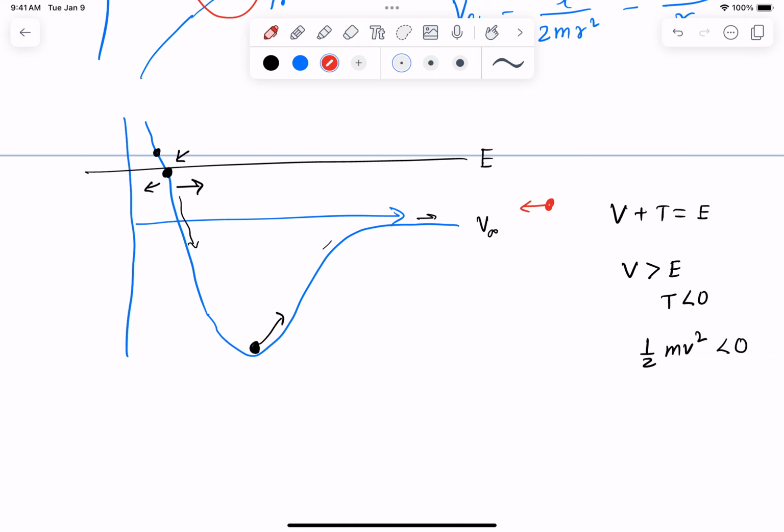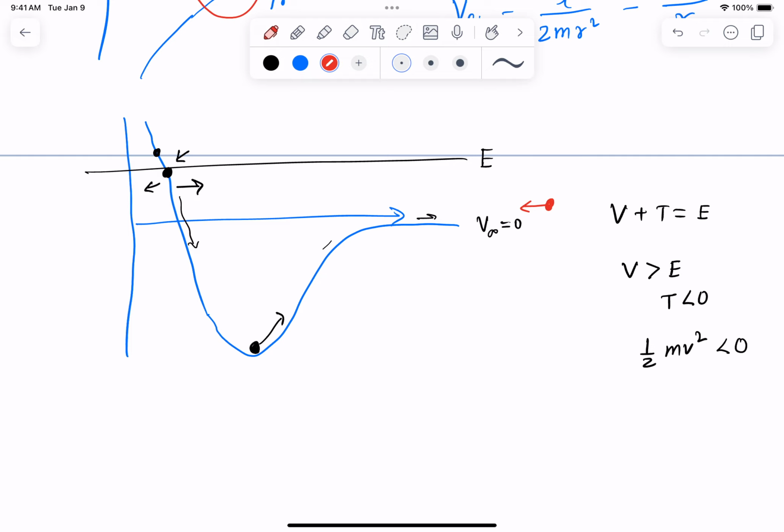So it has some kinetic energy and some amount of potential energy, and we can choose that potential energy to be zero. We can choose V infinity to be equal to zero or nearly zero. So let's say at that time all its energy was this kinetic energy, and then it started coming towards the left.